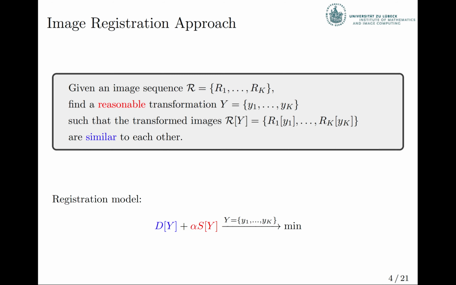To achieve our goal, we construct a registration model based on a variational setting. It has mainly two components, the distance measure and a regularizer. So D of y represents the similarity measure and S of y represents the regularizer where we enforce the desired characteristics of the deformation field.